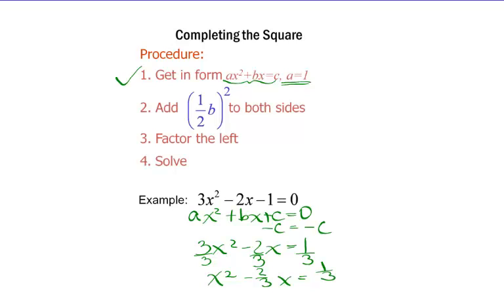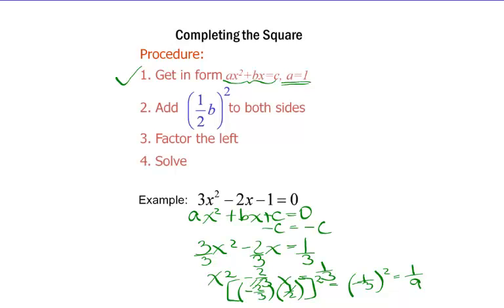Step 2 of the process says take half of b, here's b, negative 2/3. I want 1/2 of that, and I'm going to square the whole thing. So my 2's cancel, and I wind up with negative 1/3 squared, which is a positive 1/9.